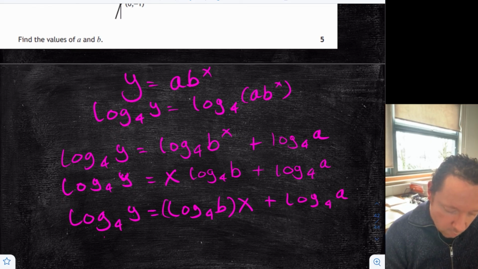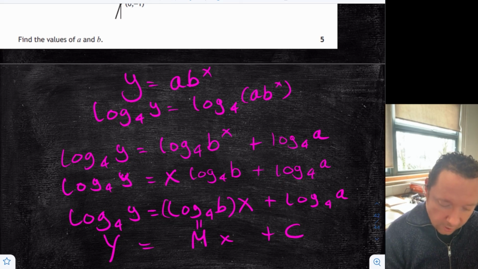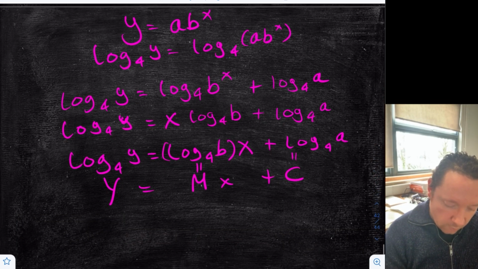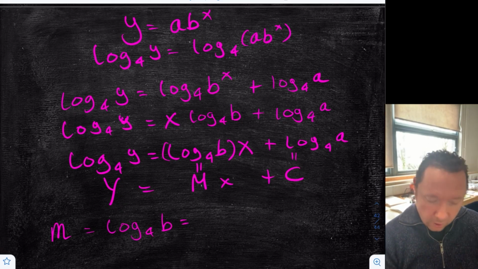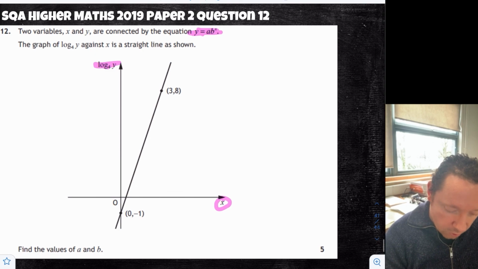So that's like y equals mx plus c. So we can see our gradient is equal to this number in front of x, and our c is equal to this. So we can say our gradient is equal to log 4b. So let's just check our graph to see if we can work out the gradient. We're given 2 points.